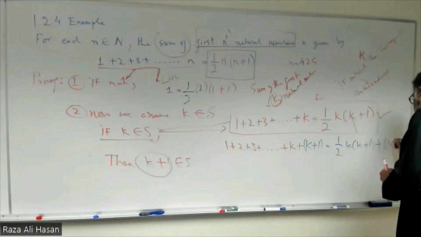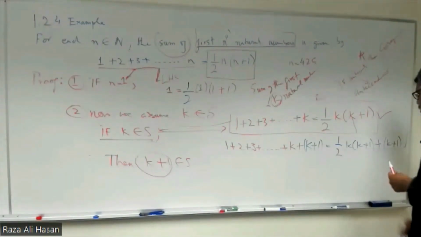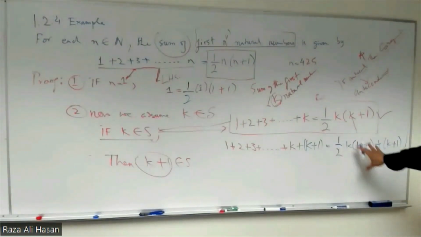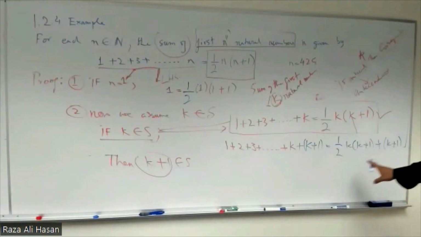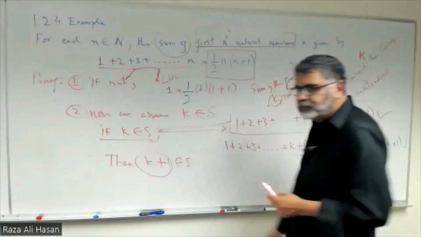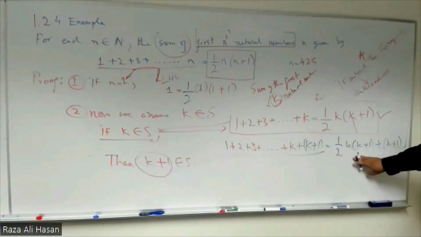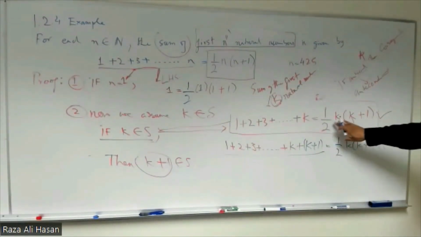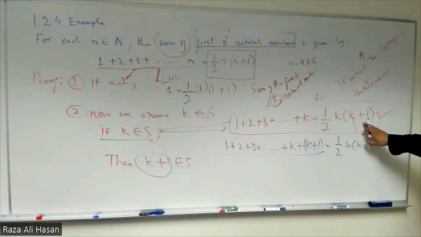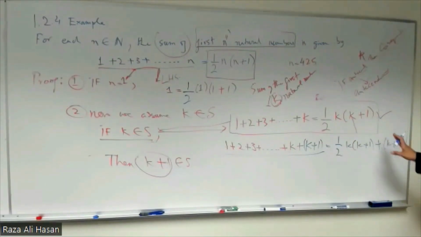So this was the original, and then we added a k plus 1. This side is now fine, right? Now we need to make it look like this is k plus 1 and this is k plus 2, right? And we're done.